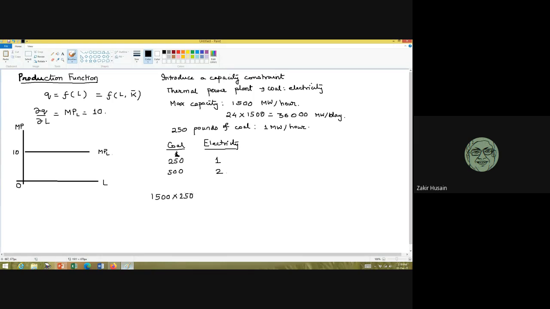If we use this amount of coal, what will be your production? So 1500. And what is this amount?